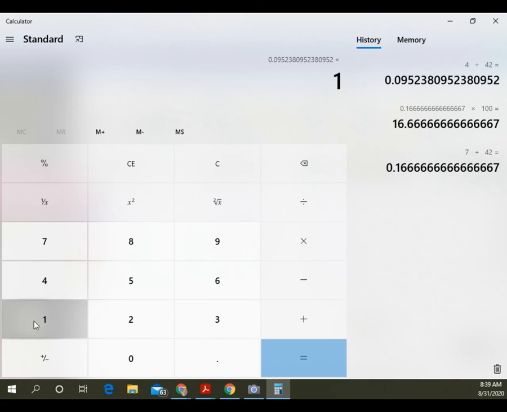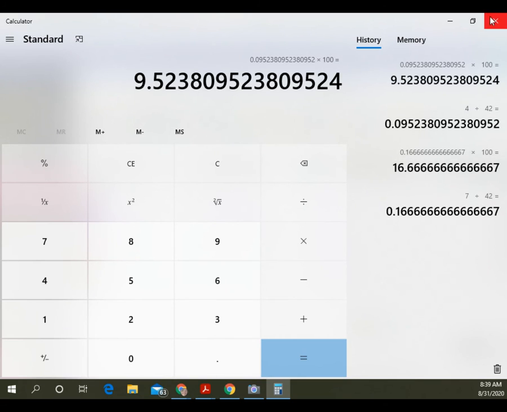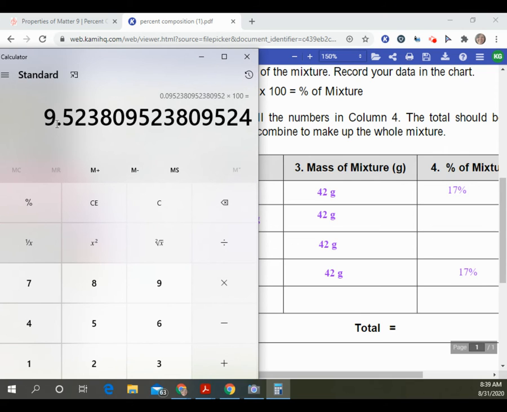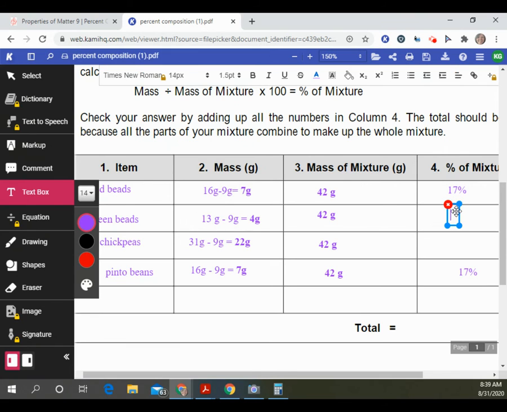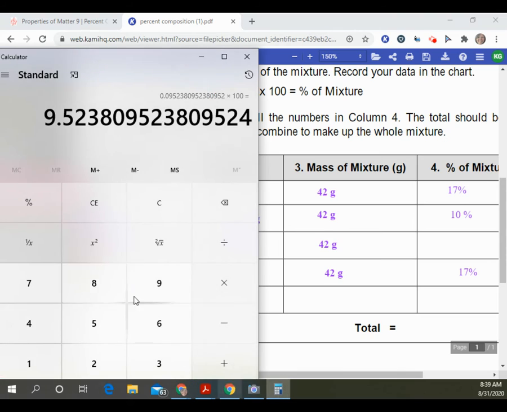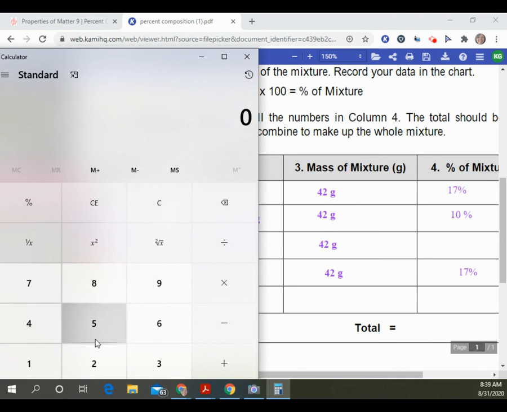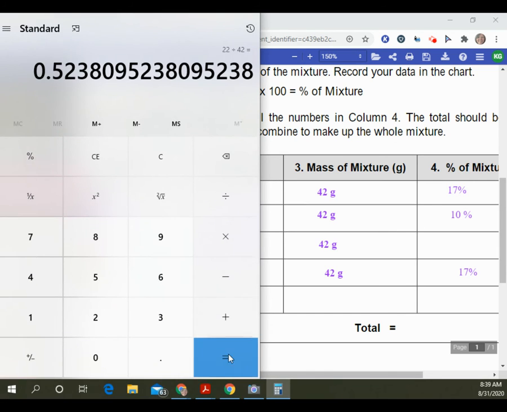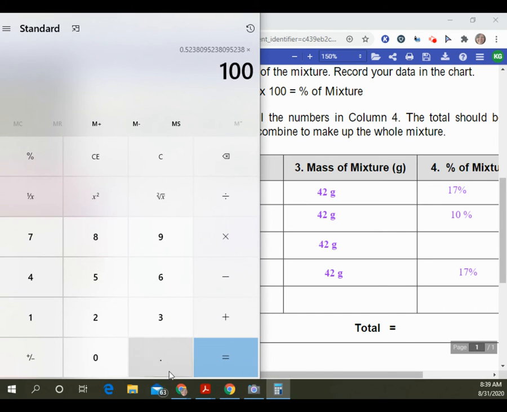And then we have to times 100. Otherwise, our numbers won't make sense. And we're going to round that off to a whole number because all of our other numbers are whole numbers. Okay. All right, and the last one, 22 grams divided by 42 times 100. So 52.